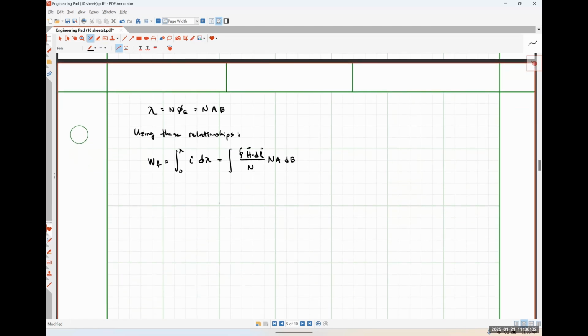And then I'm going to expand that line integral of H dot DL out into the H field in the core times the length of the core plus the H field in the air gap times the length of the air gap, all over N multiplied by NA dB. Okay.